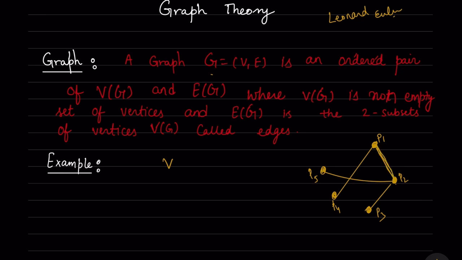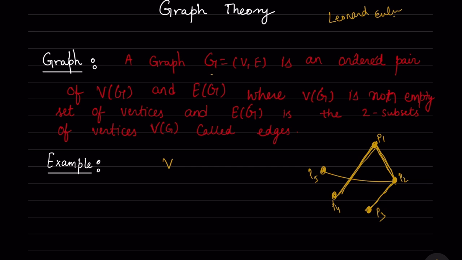Same for p3 to p2, p2 to p5 and p4 to p1. They are sharing information with each other. First we have a discrete structure, the persons, and now we are connecting these persons with the help of a relation, that they are sharing information. So this is basically a graph.